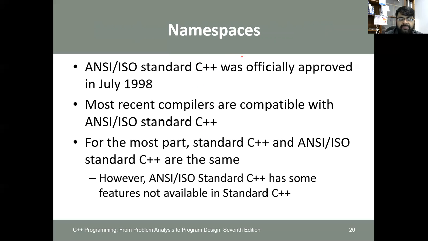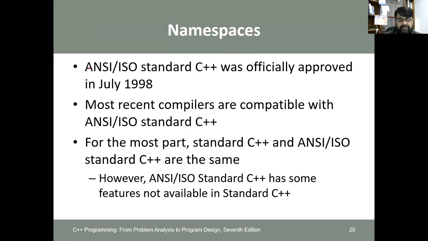Then if we talk about namespaces, the namespaces concept is relatively new. The ANSI/ISO standard C++ was officially approved in July 1998. The most recent compilers are compatible with ANSI/ISO standard C++.